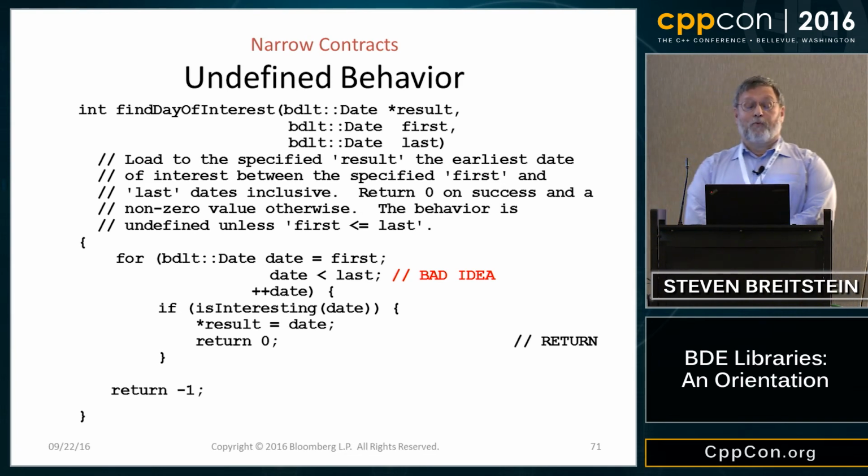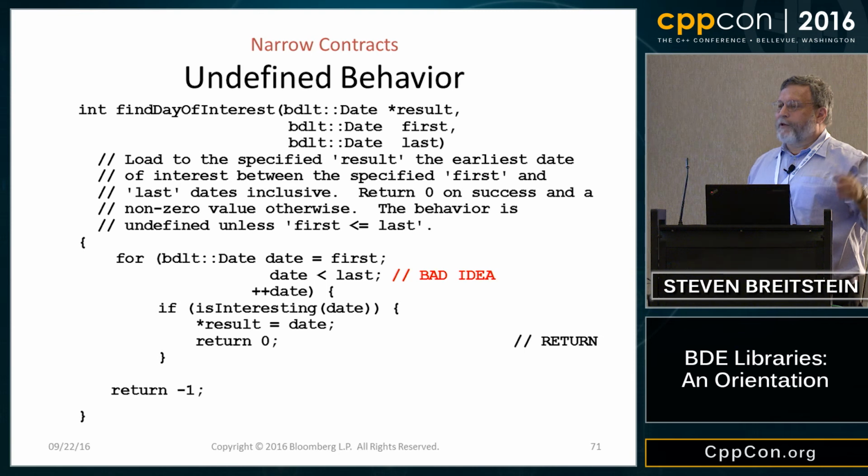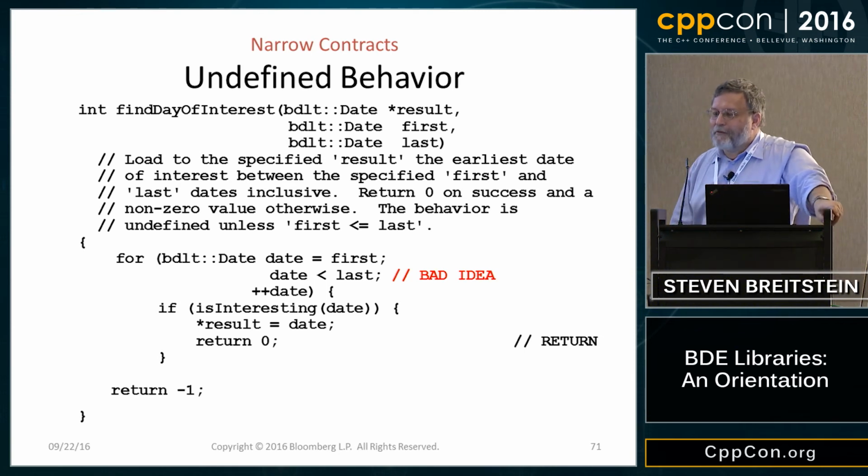The bug I was thinking about was that if you're depending upon date exceeding last for the loop to end, you're going to be in trouble if last is 9999/12/31, something that will rarely come up, but it could.